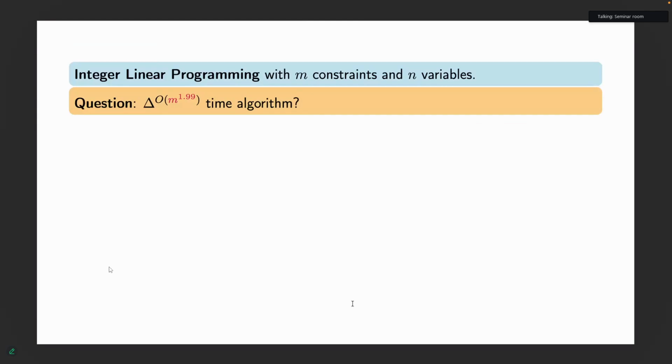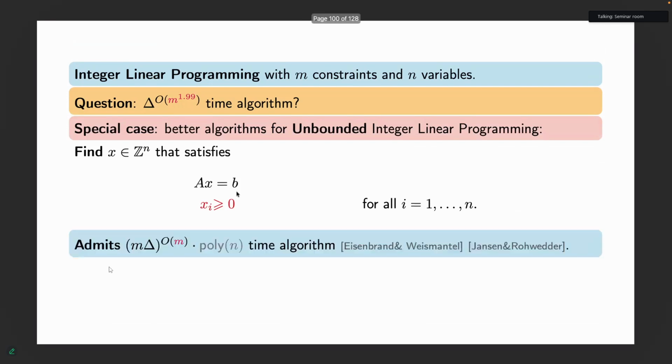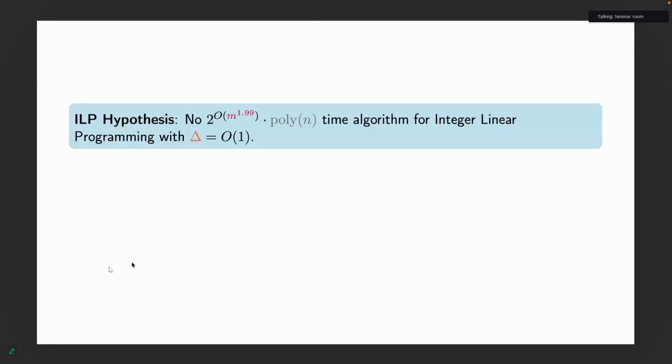Let me restate the problem. So can you give this algorithm for this bounded ILP? Sorry, I should have written binary ILP here. And as I already mentioned, it's quite surprising that you can do something better for unbounded ILPs, like delta to the order of O tilde of m. And this is ETH tight, and we don't know how to do this for bounded.